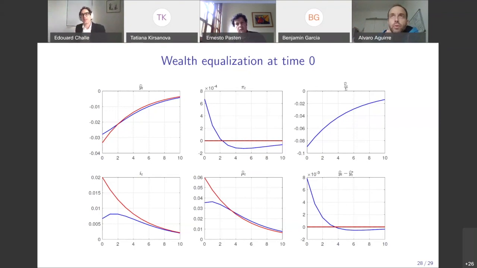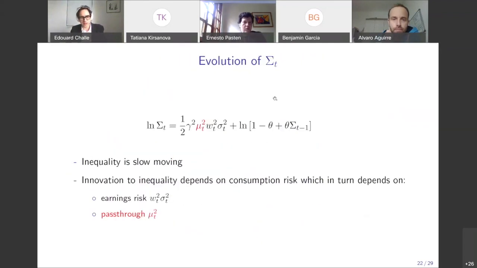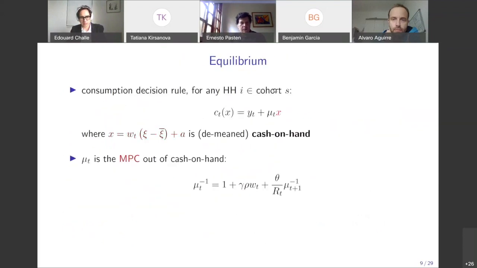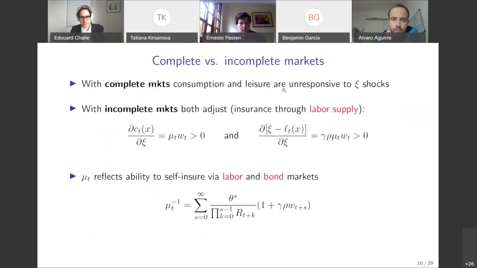I thought that mu depends on the future path of income risk. No. Mu depends... So the recursion on mu, let me go back. Mu is here. So mu depends on current and future wage rates and on current and future real rates.